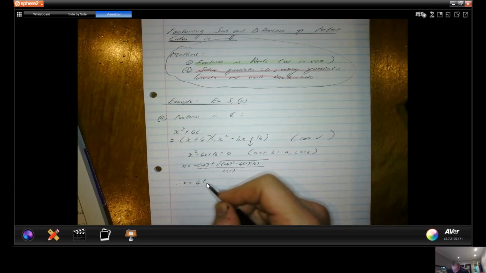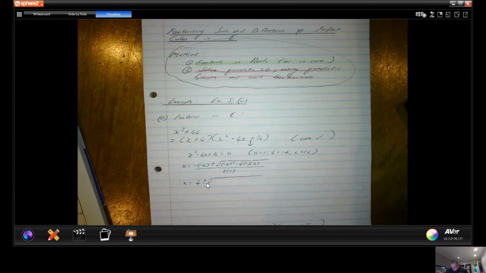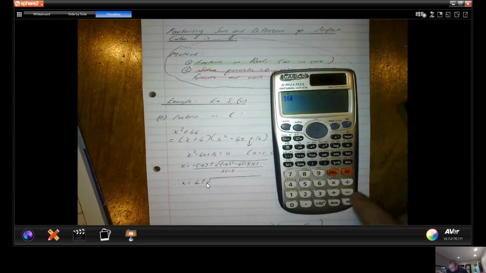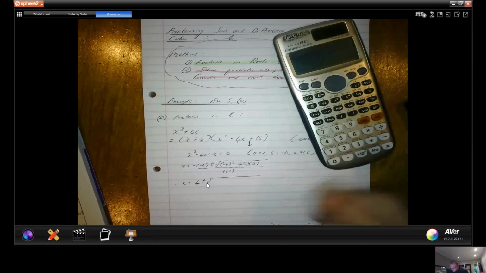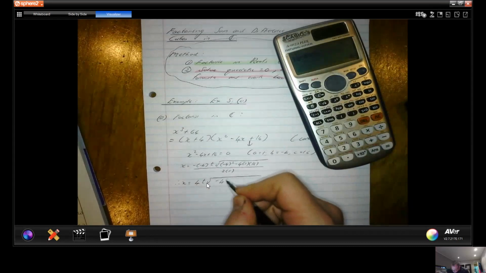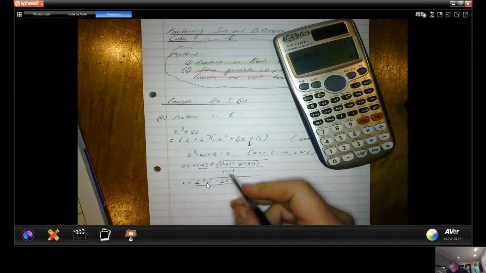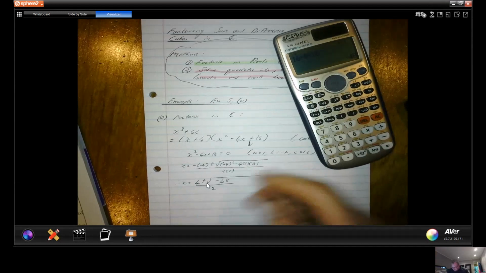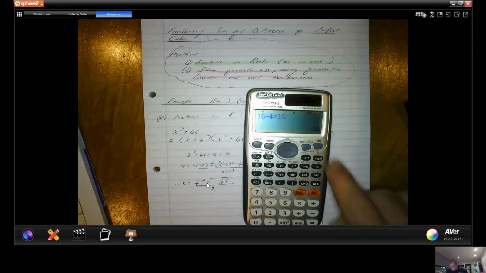Pilar, you're going to get 4 plus minus. Let's just have a look. We're going to go 16 minus 4 times 16, which is going to be negative 48. So 4 plus minus the square root of negative 48 all over 2a, which was 2 times 1, which is 2. Just to show you, let's check the square root of negative 48.